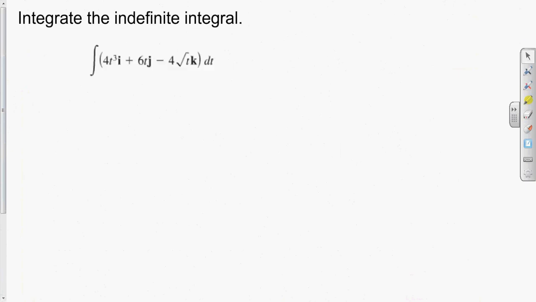Now let's talk about integration. So here we integrate the individual functions. So basically we're doing this.